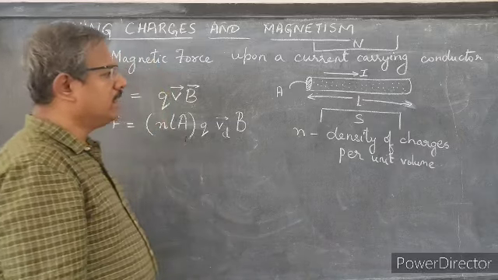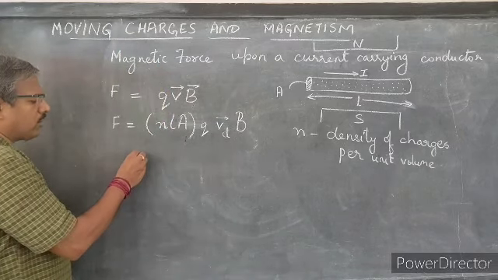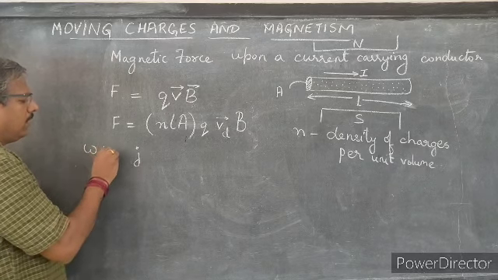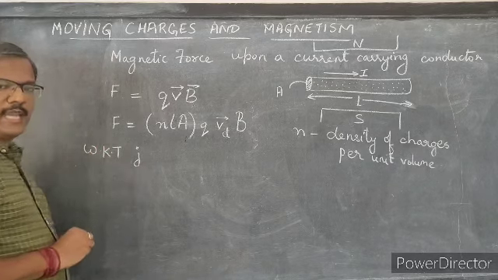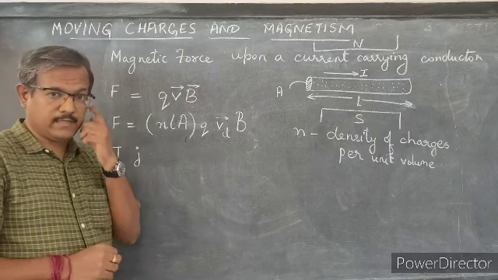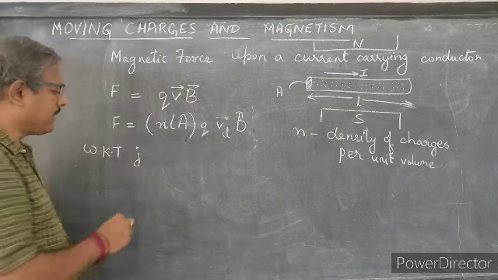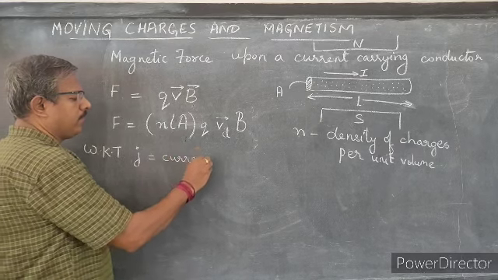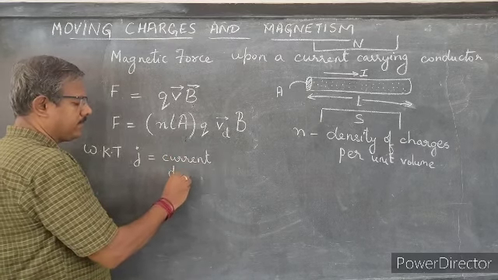Now if I take this a little further, we had also discussed the concept of J. What does small j represent? If you recall, J represents current density.